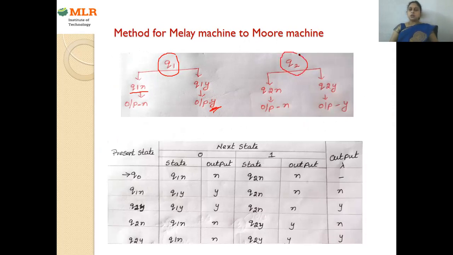For Q2 also, you are finding two different outputs. That's why Q2N represents the output N, and Q2Y represents the output Y.